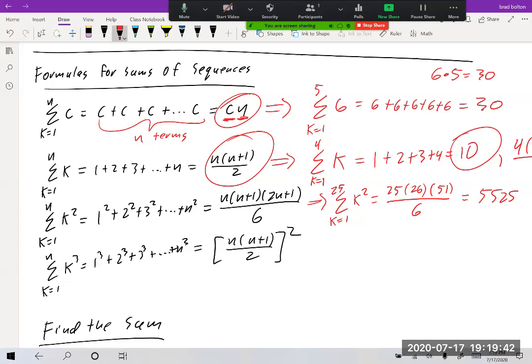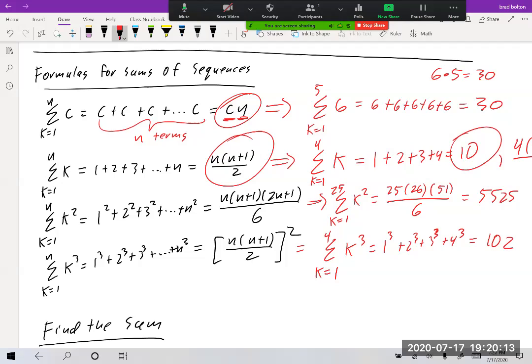And you could do the same thing for this one. What if you wanted to add up the summation from k equals 1 to 4 of k cubed? Now, I'll show you the slow way. We could have said 1 cubed plus 2 cubed plus 3 cubed plus 4 cubed, and that would be 1 plus 8 plus 27 plus 64, and we get 102, okay?